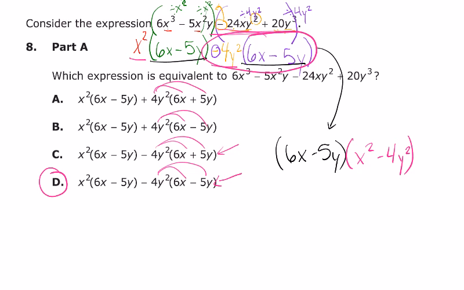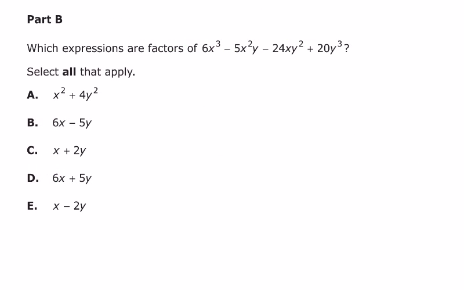But anyway, the reason why factoring by grouping is nice is because it'll help us out for part B. Okay. All right, so we got D, and I'm looking at my answer key right here, and that's correct. So for part B, I'm going to start out by writing out what we had.